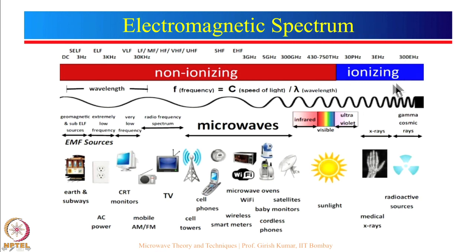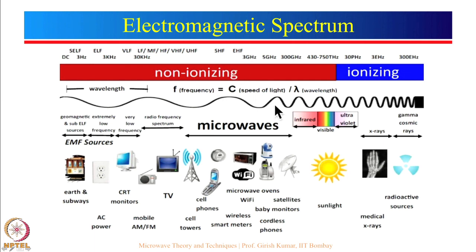So the higher the frequency, the higher the energy, so it can break the molecular bond, and hence it is known as ionizing. Microwave frequency in this region has a lower frequency, and hence it has lower energy. So E is equal to hf, f is smaller.